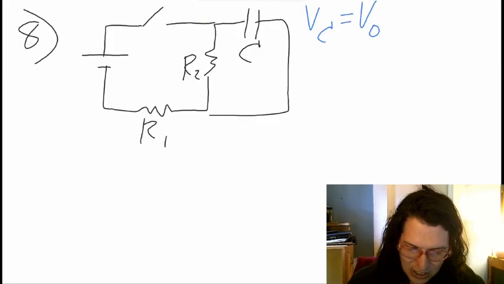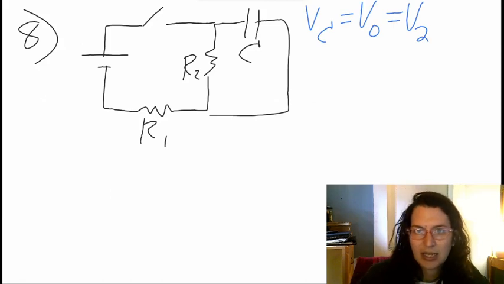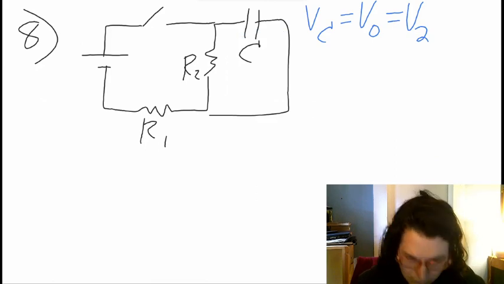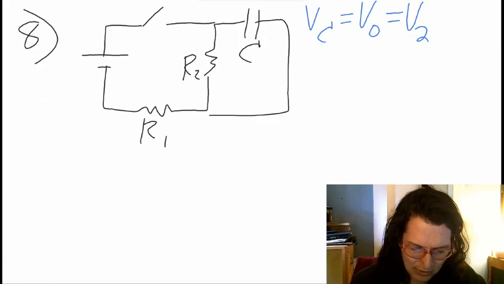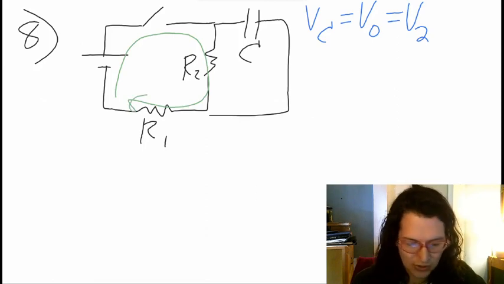That voltage has to be equal to the voltage over resistor 2, and that's because we are in parallel, as I mentioned. And we know that our total voltage over this whole thing has to be equal to, we can use our loop rule, right?